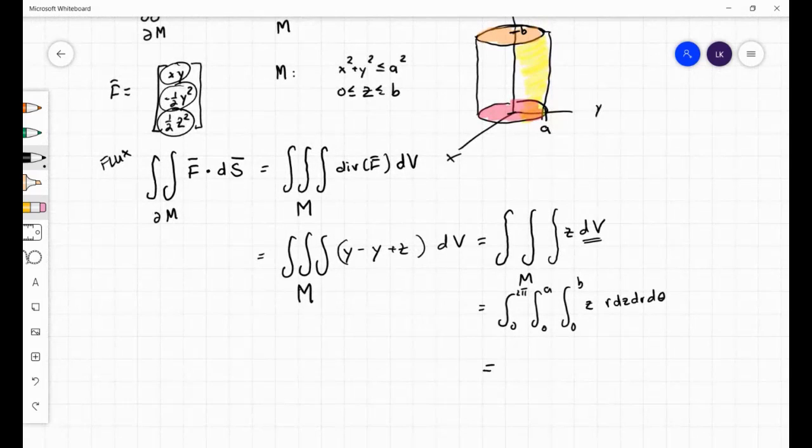So with respect to z, we get half z squared at the upper bound minus the lower bound. Then with respect to r, and with respect to theta.